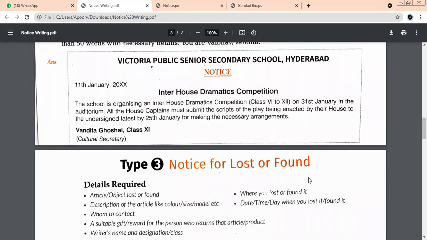Type 2, please post. Today we'll do only 2 types of notices. First is notice for meeting and second is notice for an event. Ma'am, I have posted. Okay, let me check on the groups. Keep posting, keep informing.